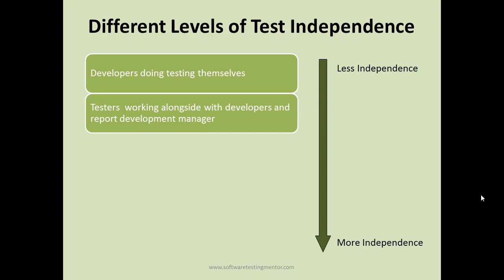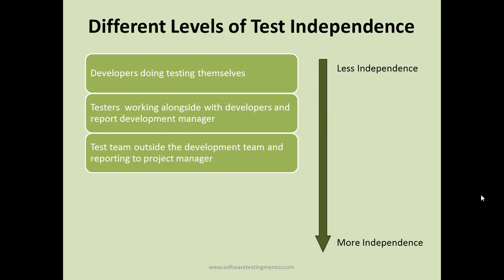So that brings a bit more independence to testing, wherein testers work alongside developers, but they report to the development manager. Then a test team outside the development team and reporting to the project manager. So in this case, there is a project manager and the test team is completely outside of the development team, and the test team reports to the project manager.